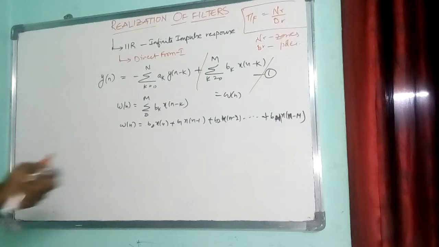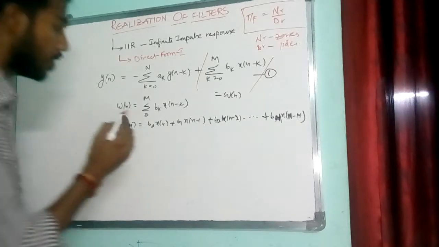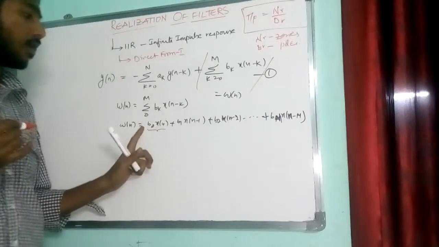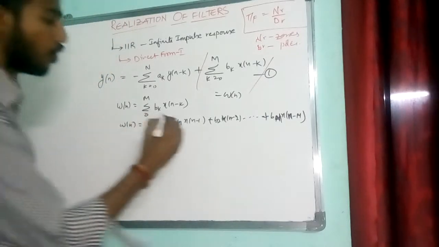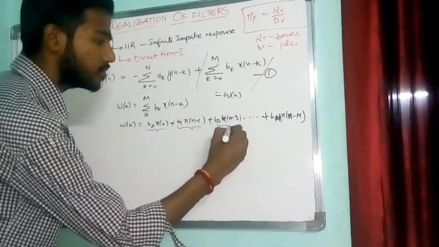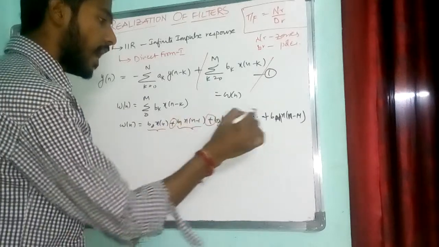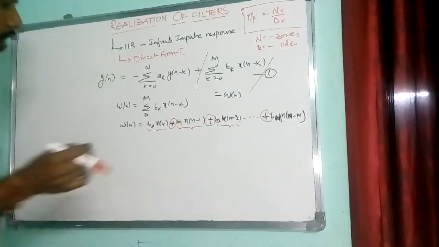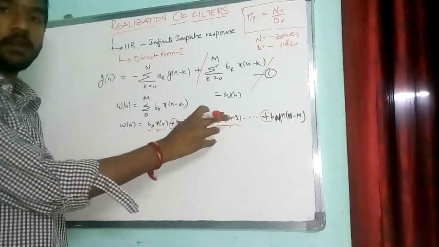Now, what I require is to multiply these coefficients with x of n, and in between I need adders. Here it is x of n, here it is x of n minus 1, here is x of n minus 2.